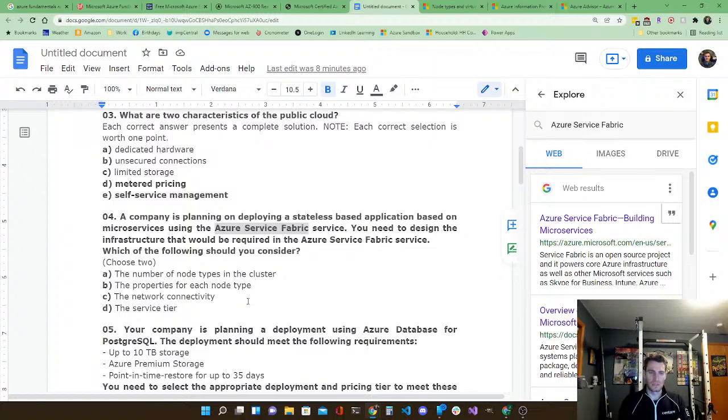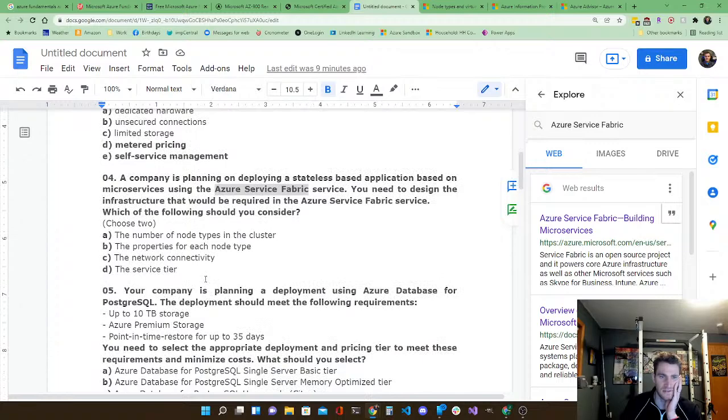So network connectivity is part of it. Doesn't seem like that's really what it wants to be part of the design, I don't know. The service tier, I mean, that's also something you need to consider. What level of service do you need?